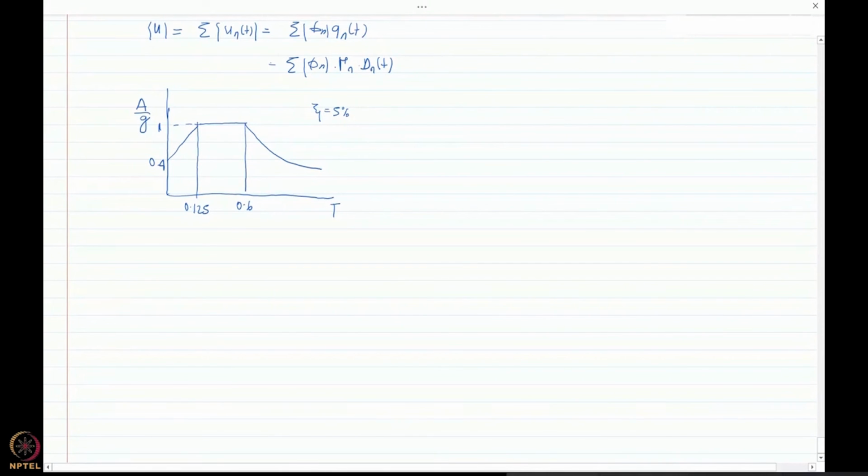Okay, so now what you need to do in this case, or yeah, let us just do that. For each mode, you have omega 1, omega 2, omega 3. You need to find out what your T1, T2, T3 are. Once you find that out, it will give you the maximum response.